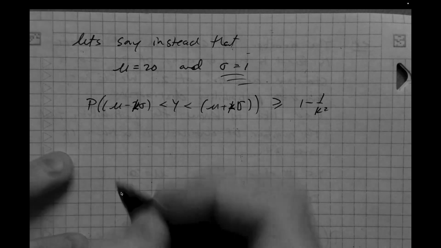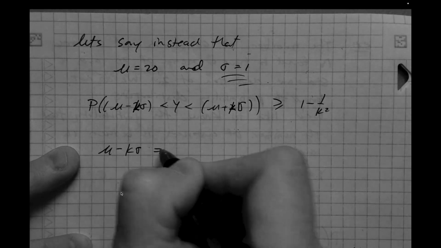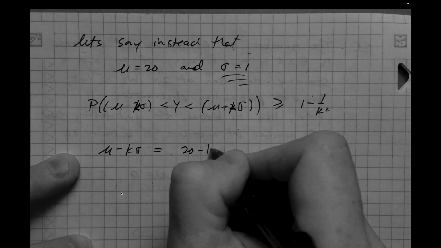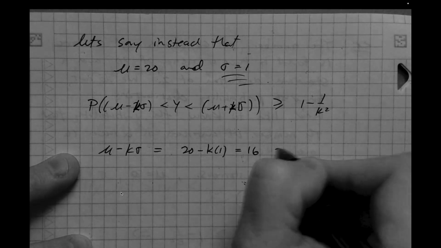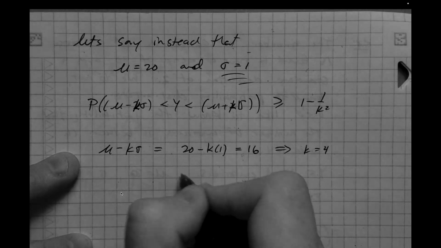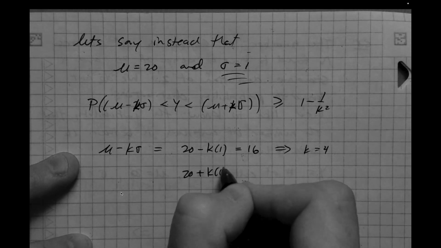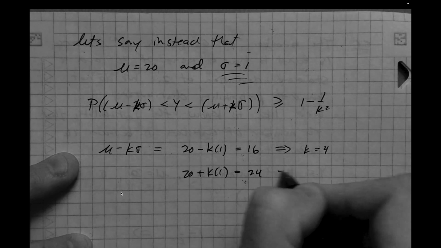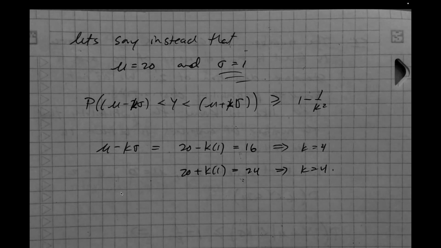Now in this case, mu minus k sigma is 20 minus k times 1. If that's equal to 16, then k needs to be 4. Similarly, 20 plus k times 1 equals 24 implies that k is equal to 4 as well. So k has to go up if sigma goes down.